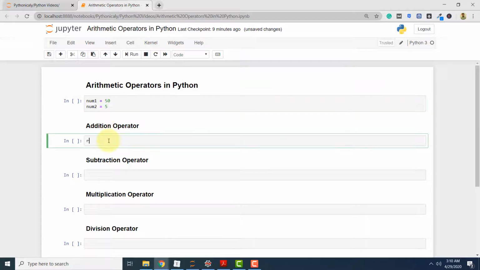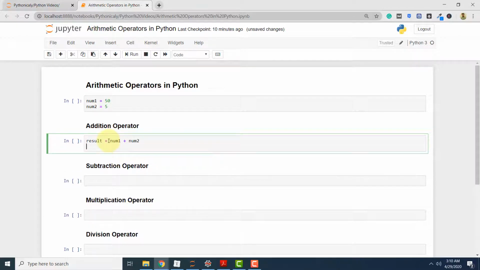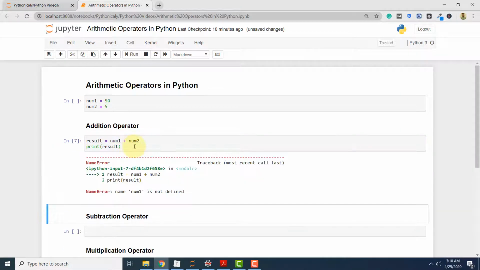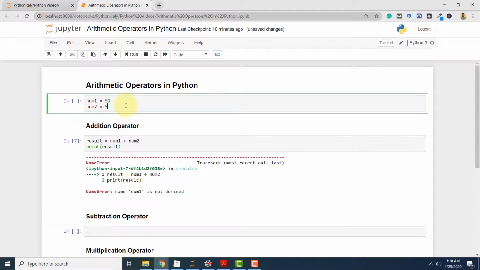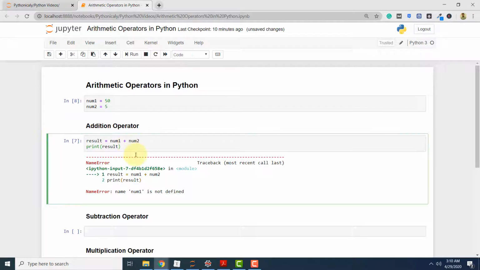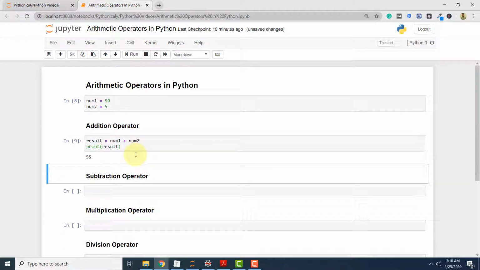So for instance, we create a variable result is equal to num1 plus num2, and then we can simply print the result. num1 is 50, num2 is 5, so the result should be 55. Num1 is not defined. Why? Maybe we did not execute this piece of code. So press shift and enter in this cell here, and then execute num1 plus num2. Yes, you can see the result 55 here.